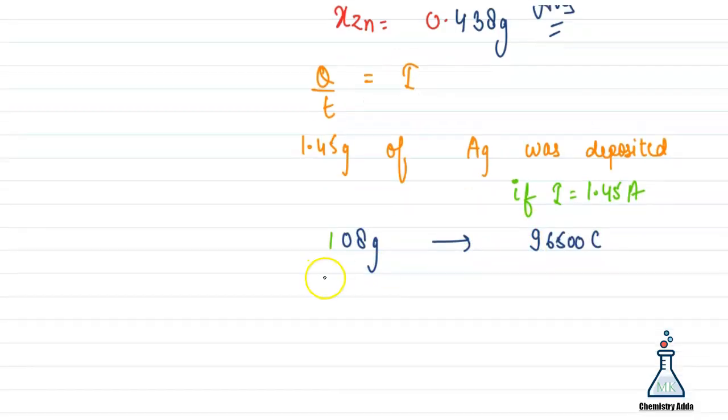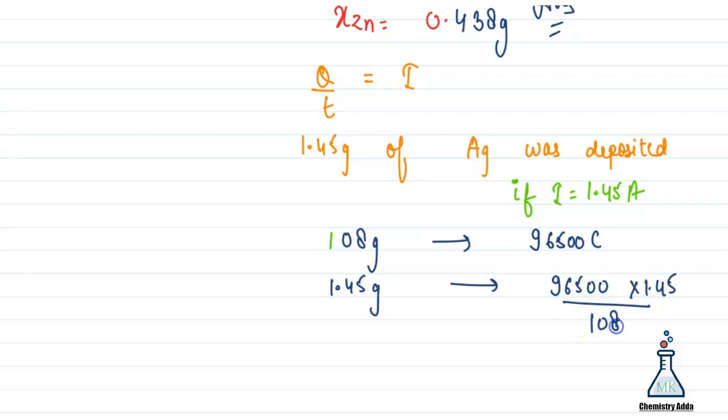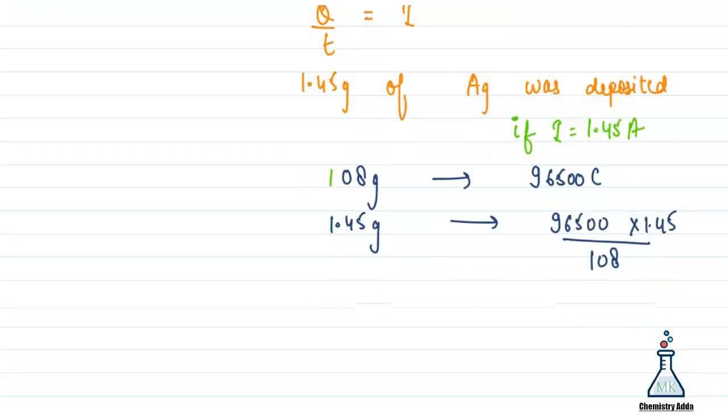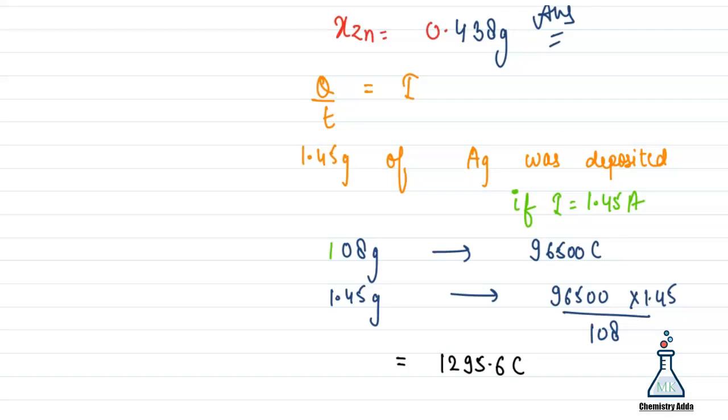To deposit 1.45 gram, the charge in coulomb will be 96500 into 1.45 upon 108. The charge will come out to be 1295.6 coulomb.